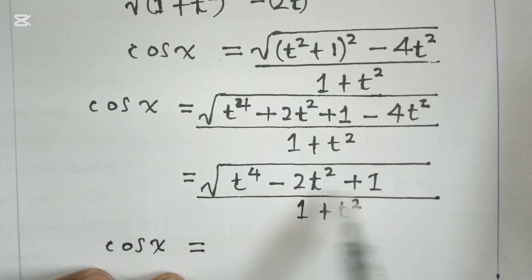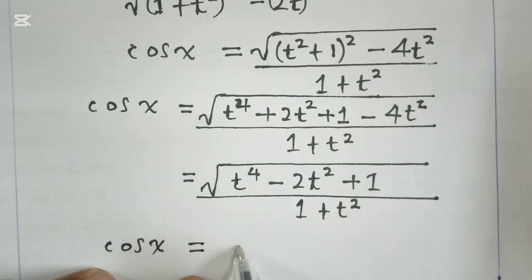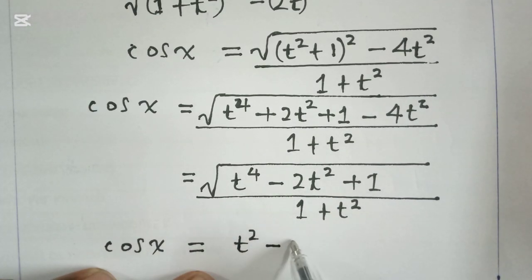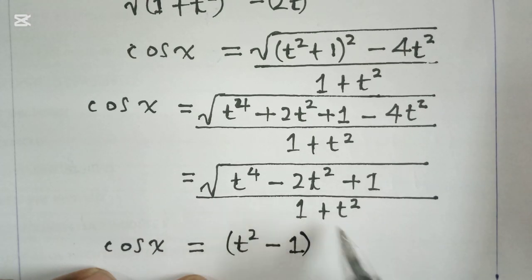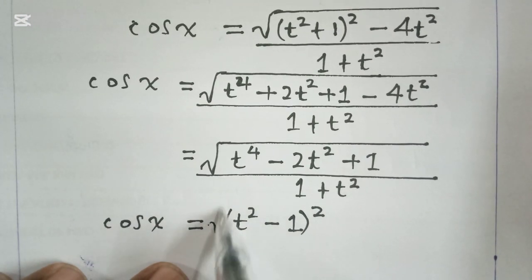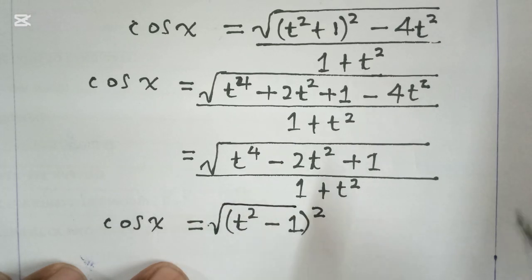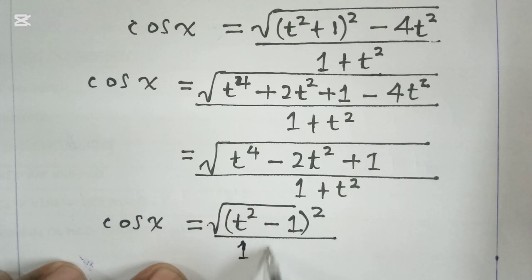guys, if we were to work out this, it will come to t squared minus 1 squared. Then we can put now our square root there, and then we put our 1 plus t squared.